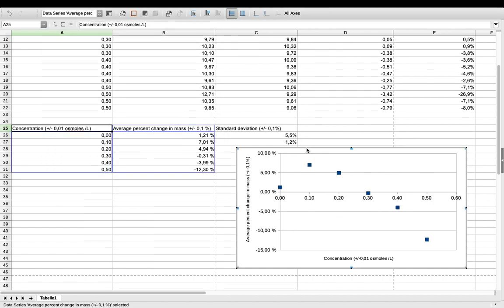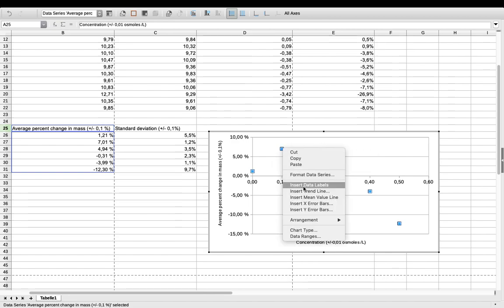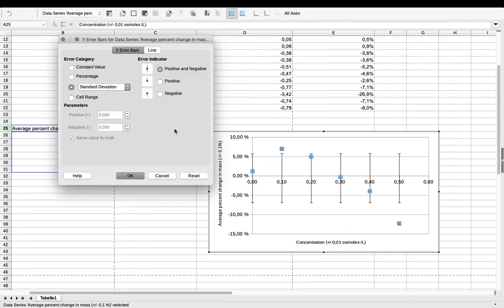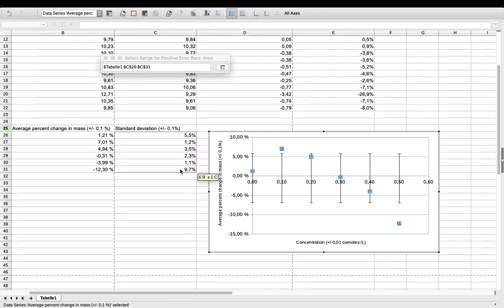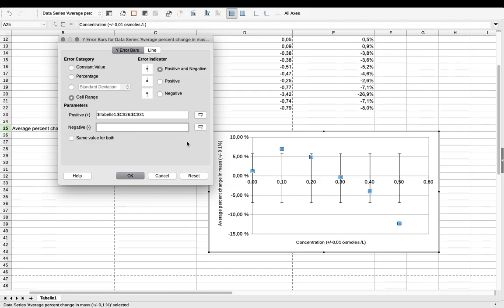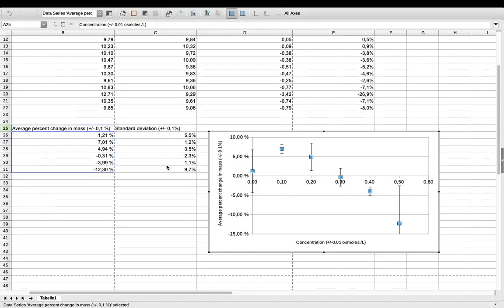Okay. So I'm going to click on the data points, right-click, insert Y error bars, and give it a cell range. This is for the positive, and the same thing for the negative. These are my standard deviation values that I've calculated.